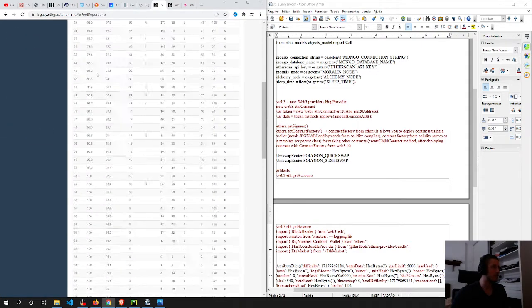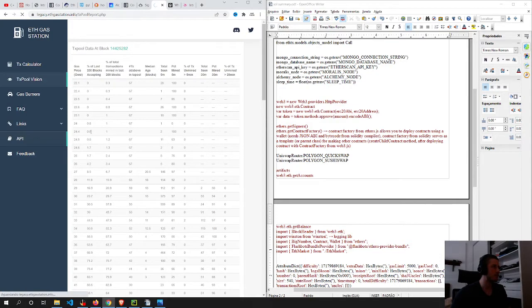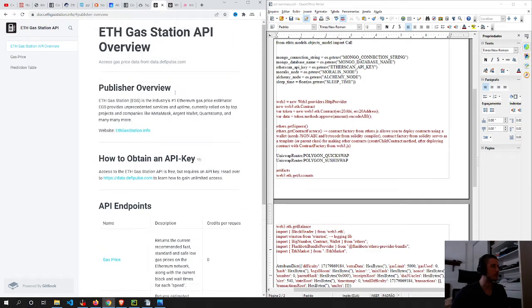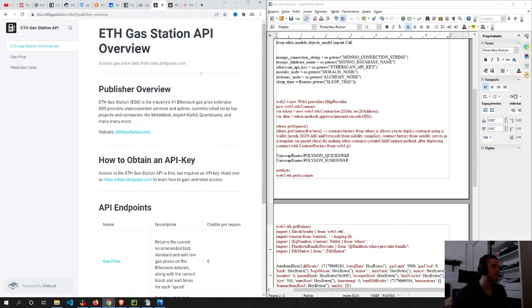So they also have an API. I guess that's one idea to make money as well: run a node, create an API, and then sell data. It doesn't seem like it's that difficult to do.